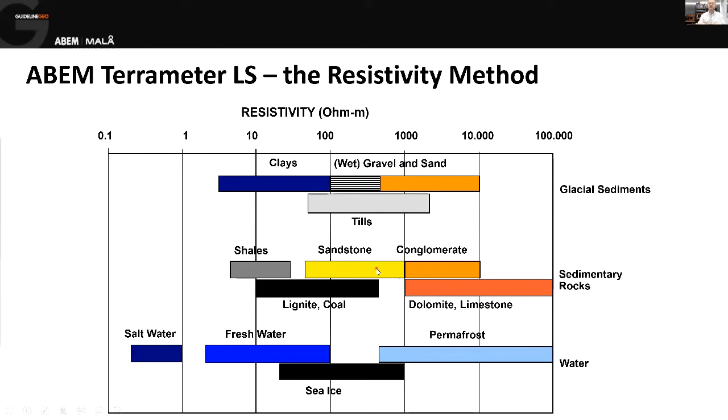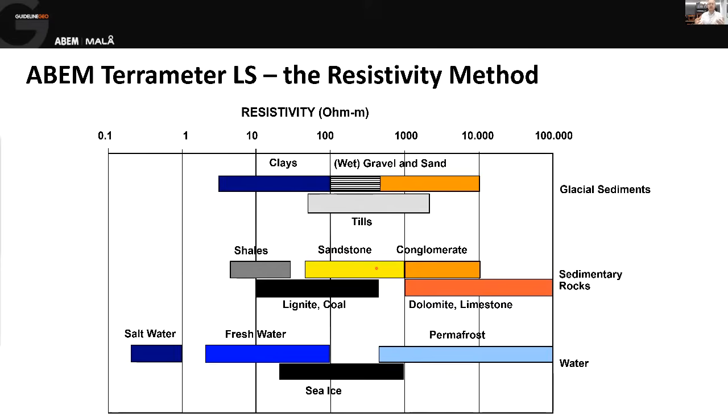Alternatively, we can do a relative interpretation, where we understand the geology of the region that we're working in, we understand what the likely resistivity should be, and then we look for where the resistivity changes away from that known value. And that could be because of something included within the geology.